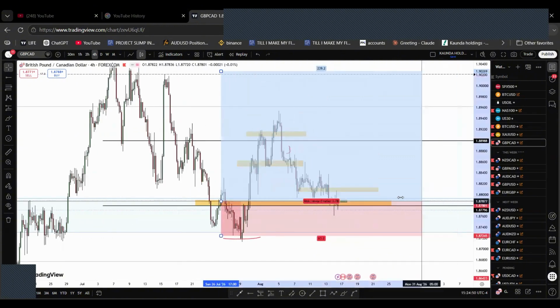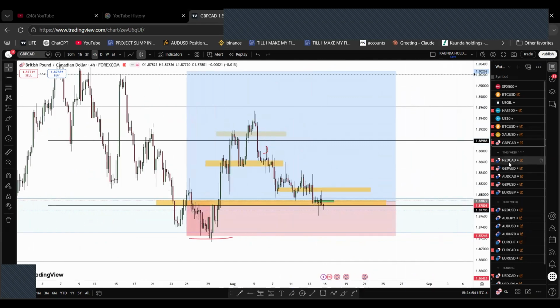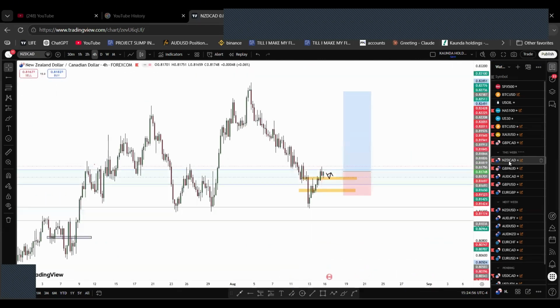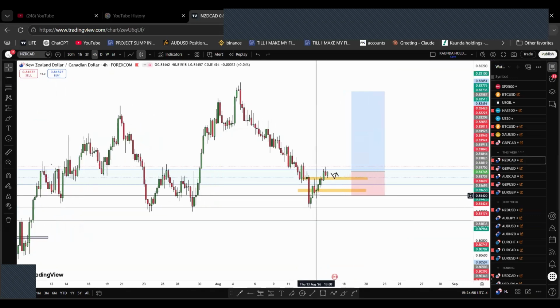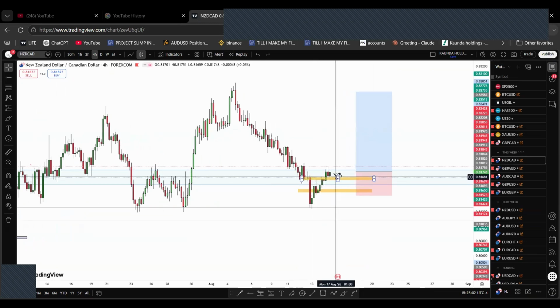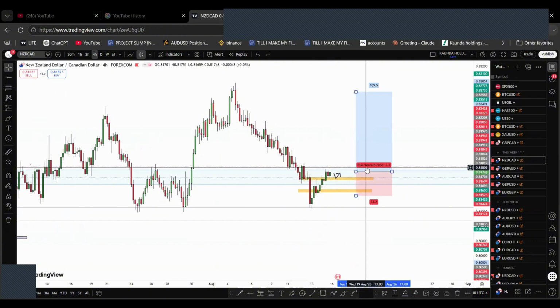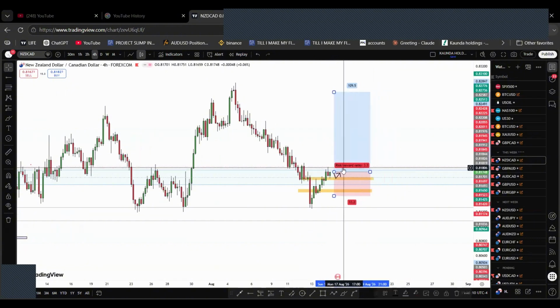So, waiting for price to shift and then we can continue to buy. NZDUSD, price has been tested at this level. So price will buy.